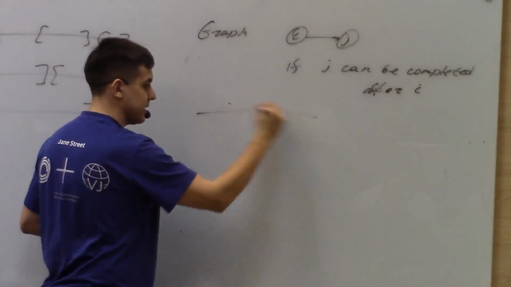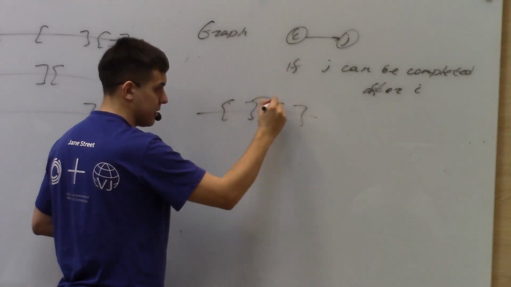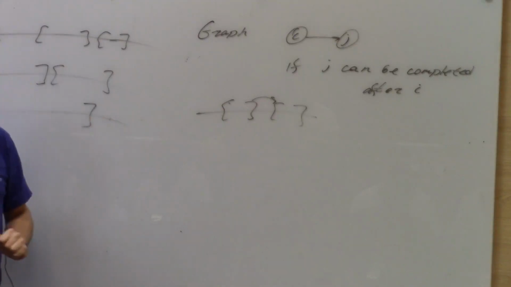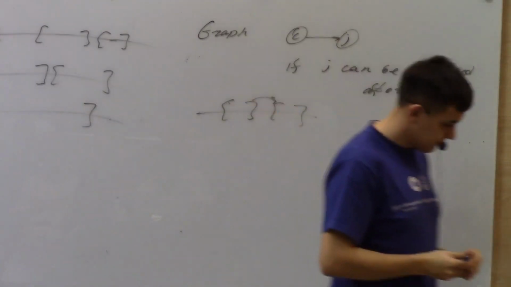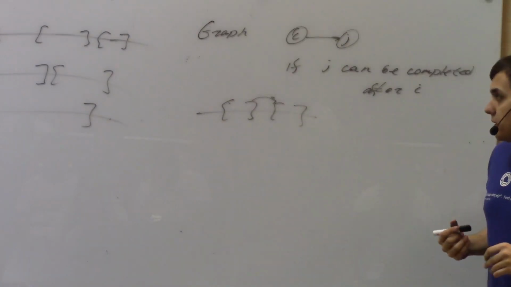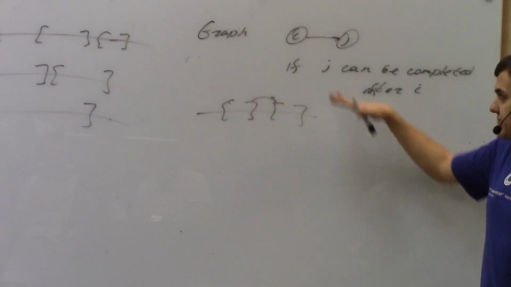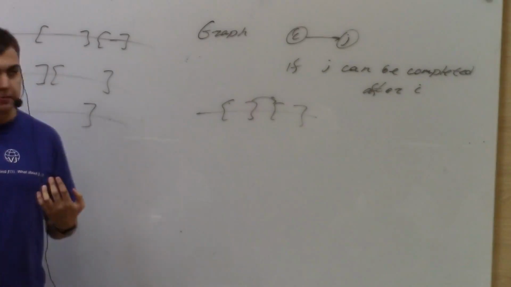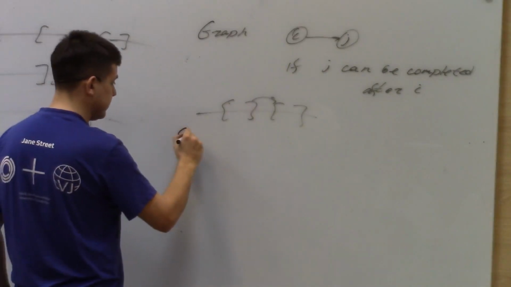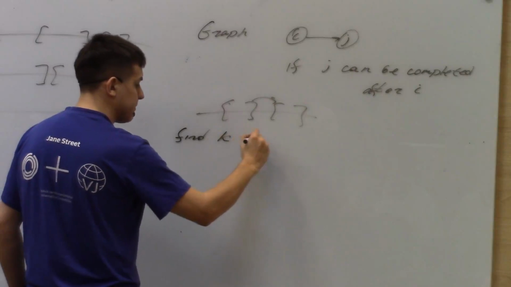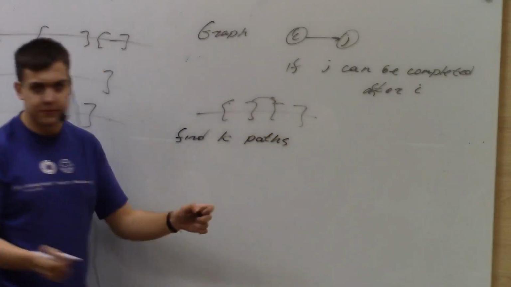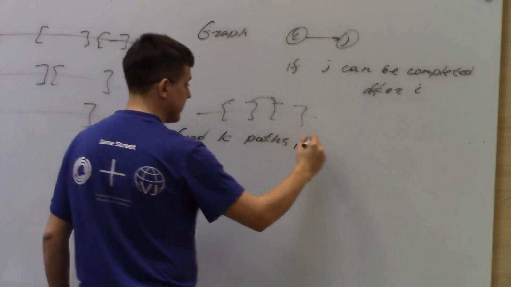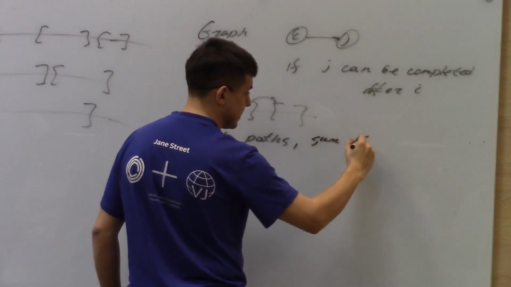So in this case, there will be an edge from this job to another job. This way, we need to decompose this graph into k paths where the total sum of all vertices is maximum possible. Find k paths, of course vertex disjoint, so each vertex can only belong to one path, such that the sum of vertices is maximized.